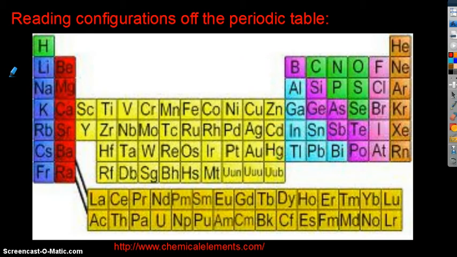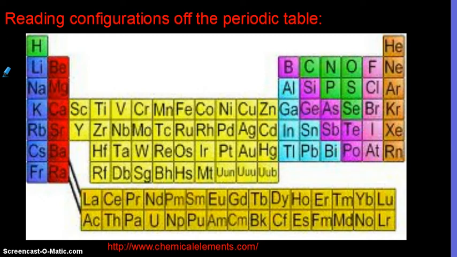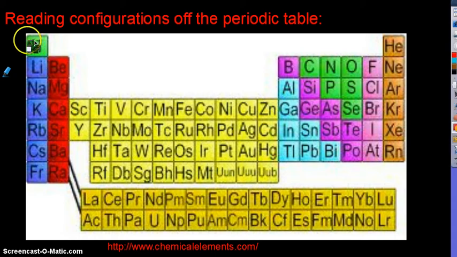The way we do this is by looking at the periodic table, and excuse me a minute, I should have already made this. The periodic table can be broken into different blocks by the way it's arranged. So we have the S block here.